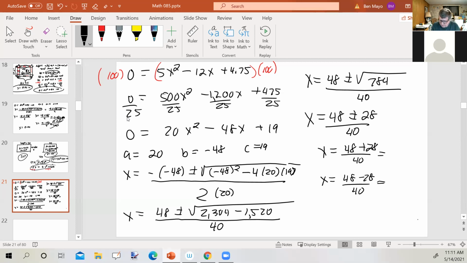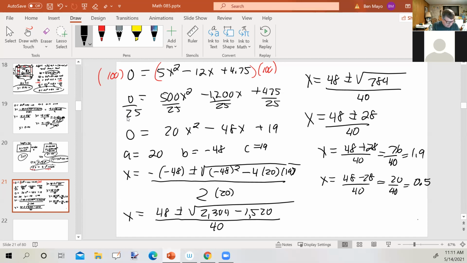Let's see here. 48 plus 28 is 76. Divided by 40 would be 1.9. And then 48 minus 28, which is 20 over 40, equals 0.5.